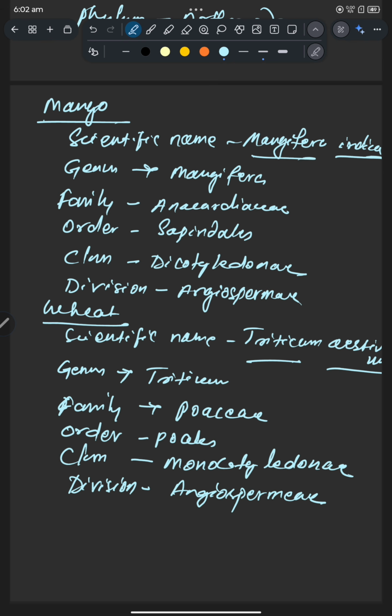Okay. So this is about your diversity and classification, and this is the end of your chapter. I think it is a bit boring for you, and you get panic by studying this chapter.